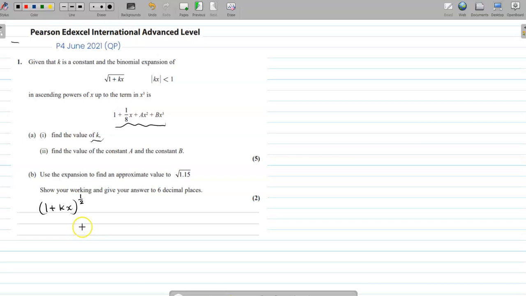And you should have recalled the general form for the binomial expansion. I'm going to just quickly write it here so that you can remember that.